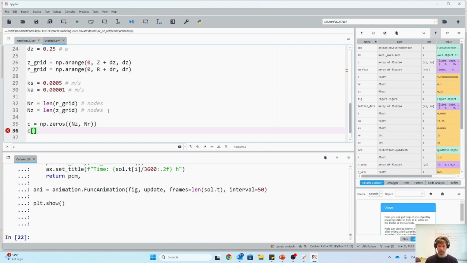And at the index 0 in the z dimension, and at all r nodes, we will have an initial concentration of 1000 ppm of hydrogen sulfide.